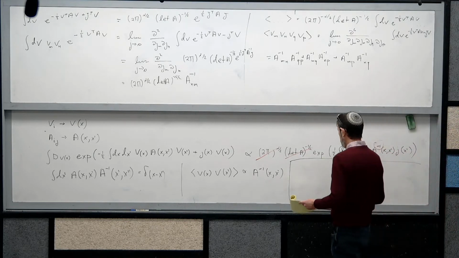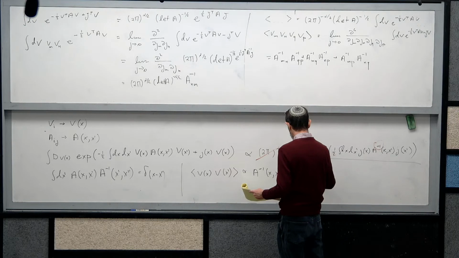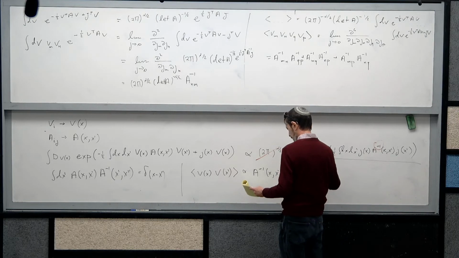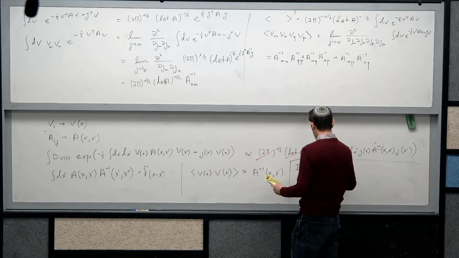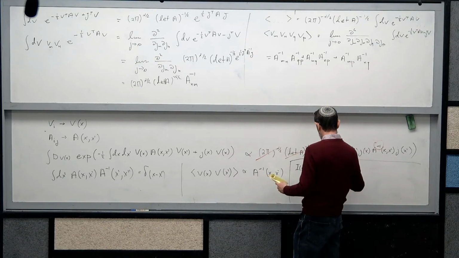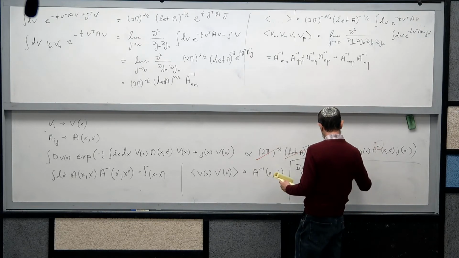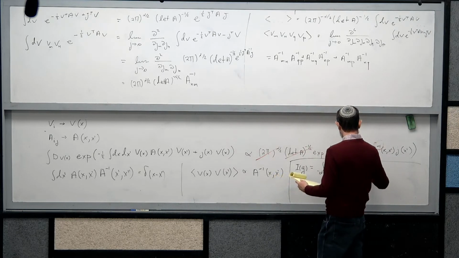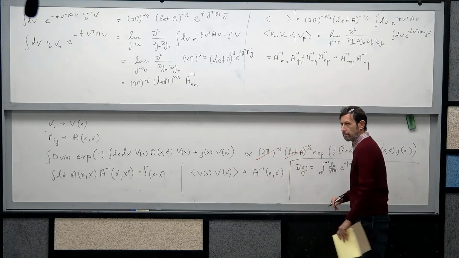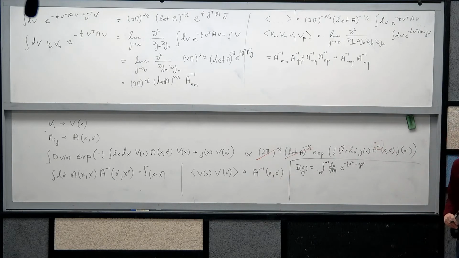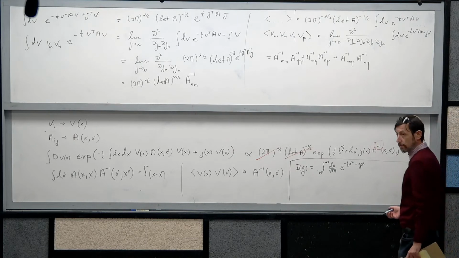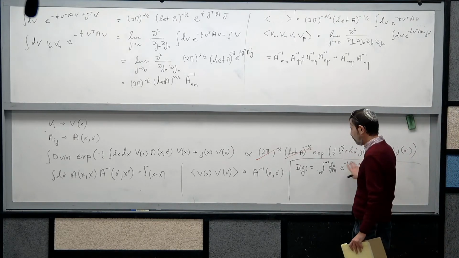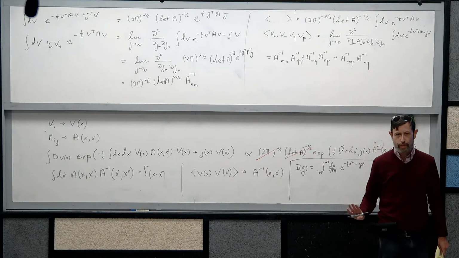Let's see. Okay, g equals 0, we're good, we know how to perform it.